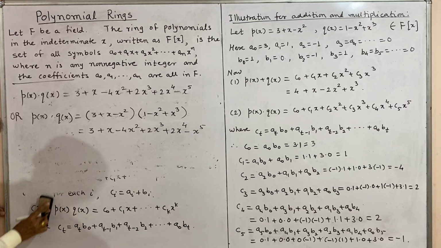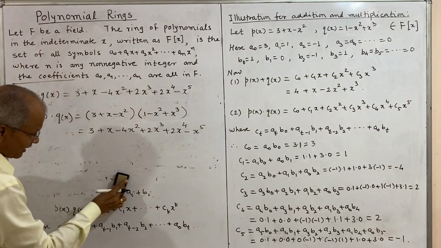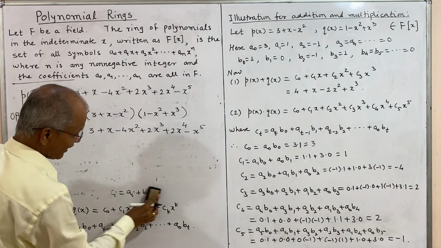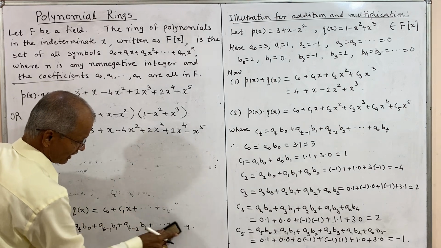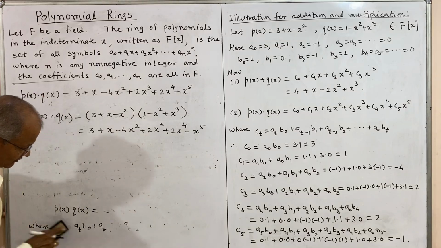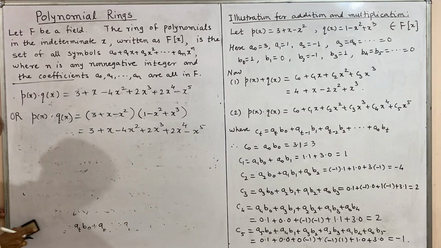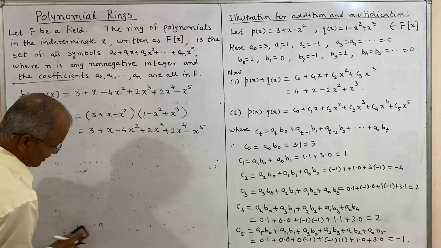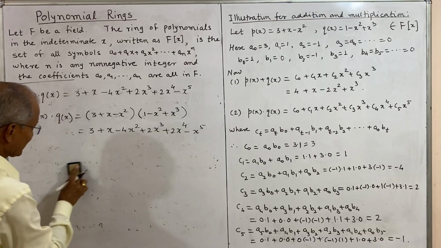Now we shall state and prove the theorem that this set F[x] forms a commutative ring with unit element, and we write it as a theorem.